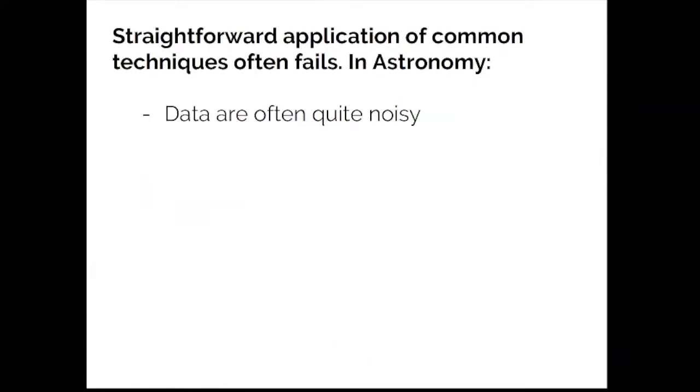So anyway, in astronomy, you have a number of challenges that aren't present in the fields that tend to develop statistics, data mining, and machine learning techniques. One is that the data are often quite noisy, and we have really good models of that noise from, for example, Poisson statistics on detector counts when you're looking at images of distant objects.